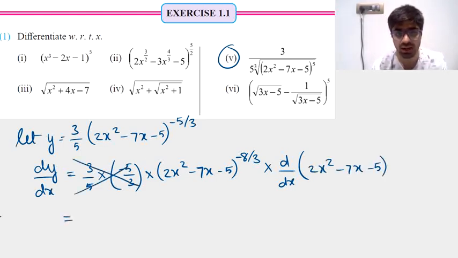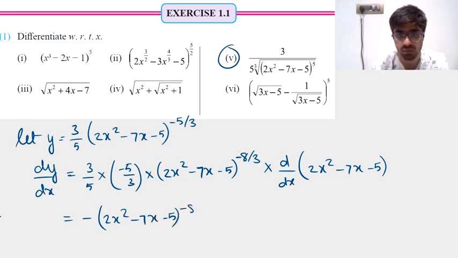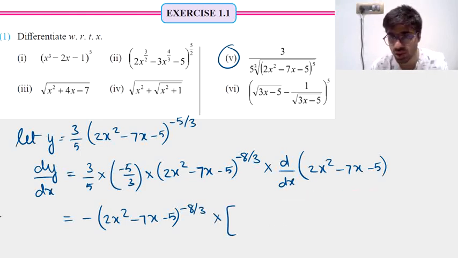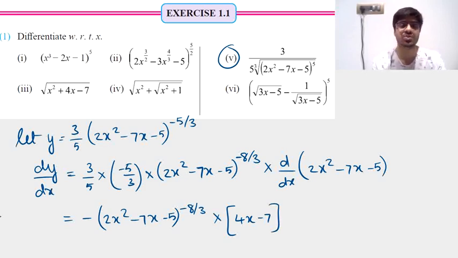The terms here and here are getting cancelled with each other, so you are left with a minus 1. This entire bracket, which is 2x square minus 7x minus 5 power minus 8 by 3, multiplied with the derivative of this, which is 4x minus 7. Yeah, so that's the final expression for dy by dx for that fifth question.